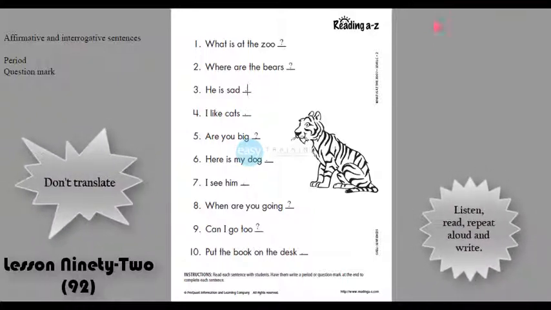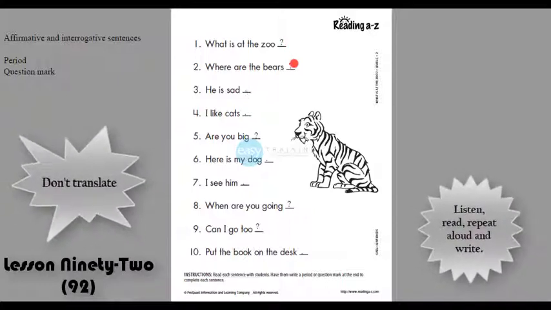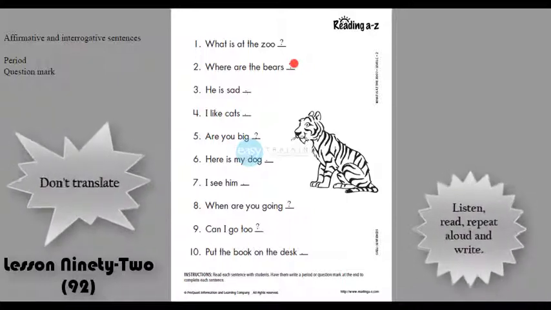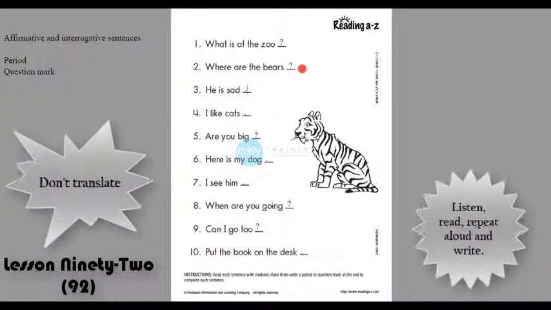Here you are. I have placed question marks to complete the interrogative sentences and periods to complete the affirmative sentences. Sentences 1, 2, 5, 8, and 9 are interrogative.